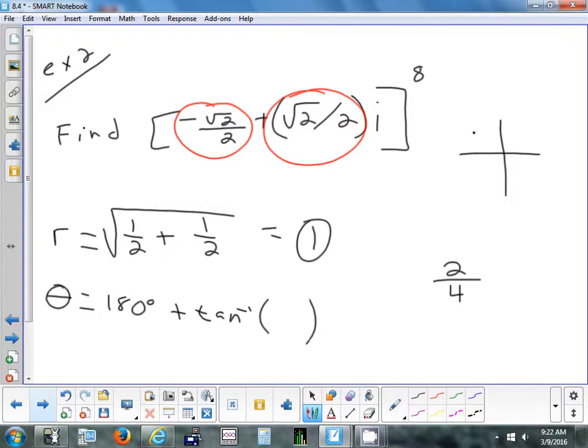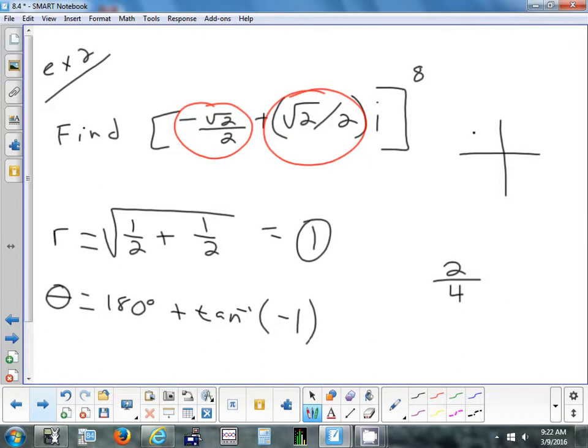Now, y and x are the same, except one of them's negative. So what do you get when you divide y by x? Negative 1. Okay, since y and x are the same fraction, you're dividing two things that are the same, except one of them's negative. So negative 1.